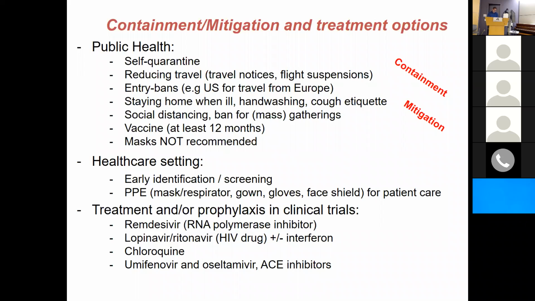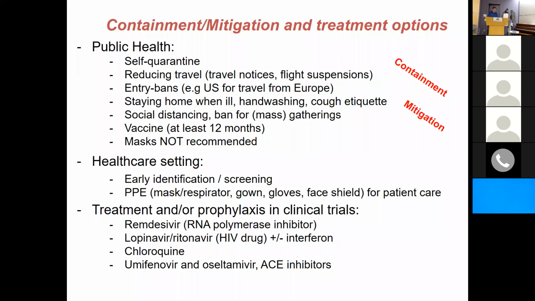In terms of treatments, there's clinical trials in China. We hope that we get some results earlier rather than later. Remdesivir is like a broad spectrum antiviral. That's like the carbapenem in the antiviral world, which has promising data. Lopinavir, ritonavir, one of our old HIV drugs, Kaletra, plus minus interferon is something else that's being trialed.